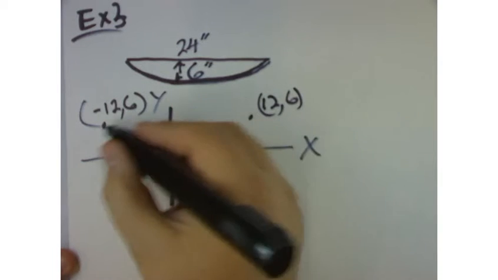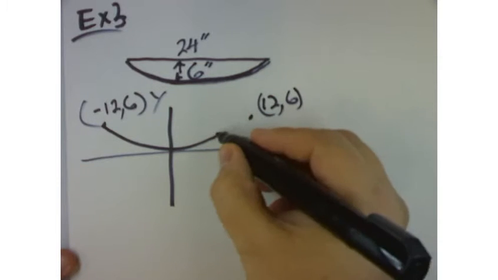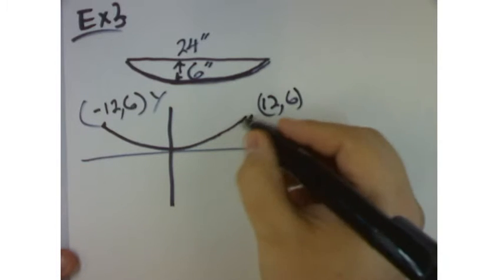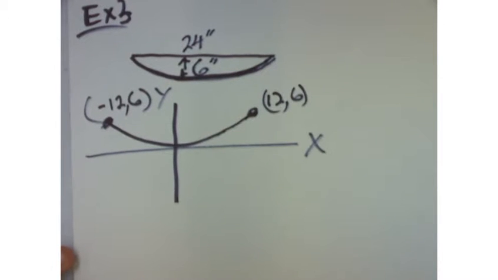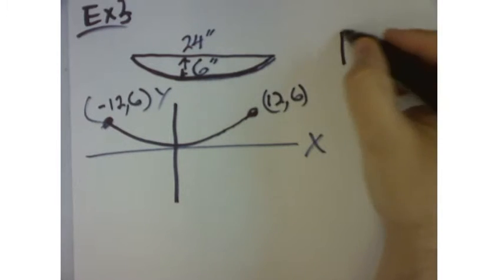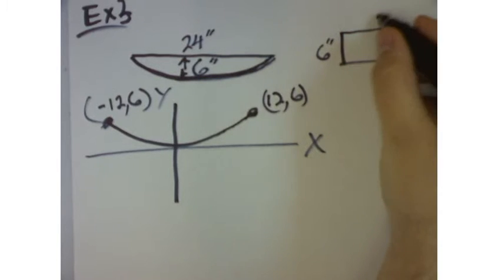And so really that's kind of what it would look like graphically. And so we need to construct a cylinder that will hold it that's 6 inches by 24.